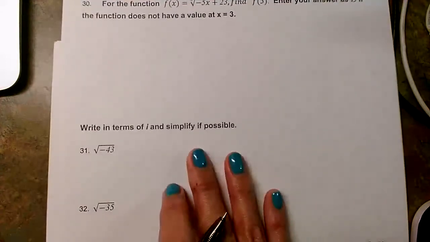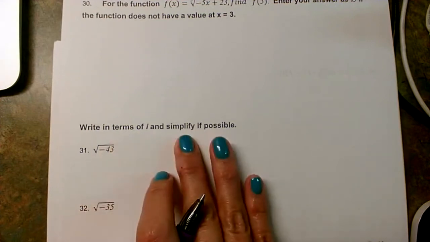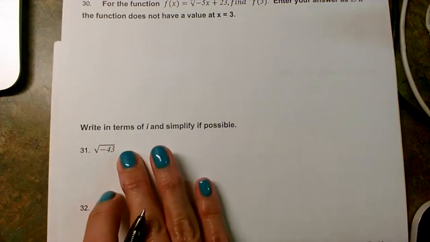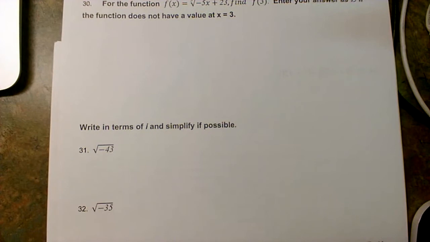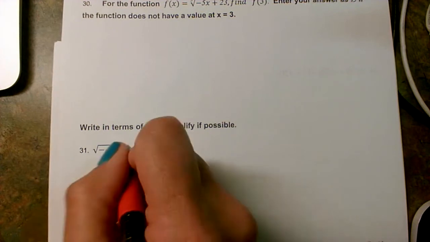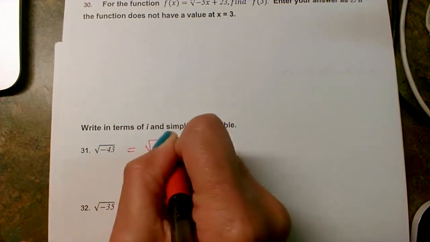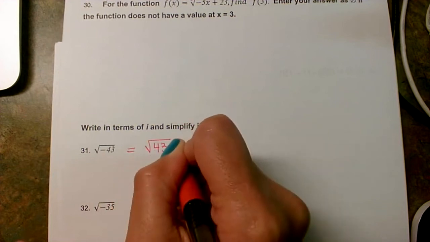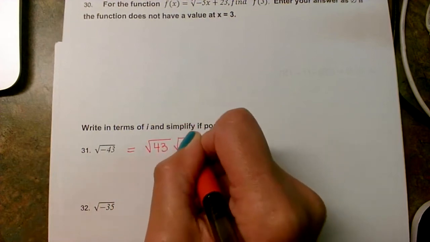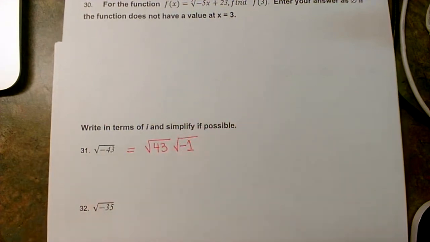Now, 31. It says, write in terms of i and simplify if possible. Okay. So remember what we said? One is going to be positive and the other one is going to have the negative 1.